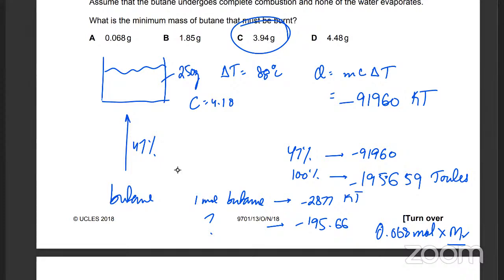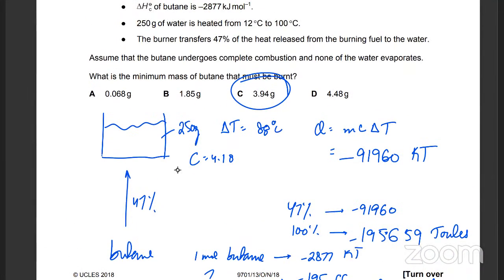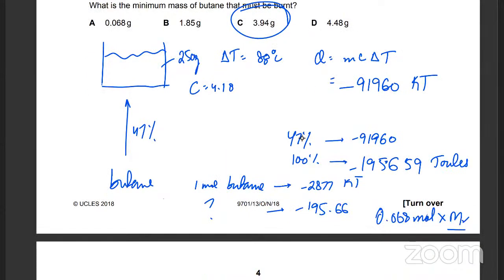So is this question clear? The question was slightly tricky. The first thing was we measured how much butane energy went into this, but that was only 47% because they told us that only 47% is absorbed by the water.